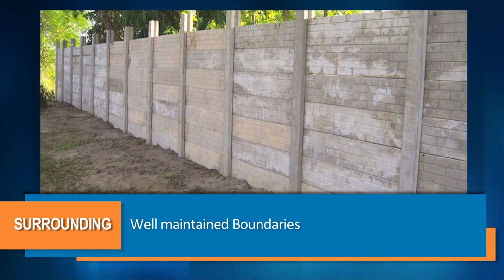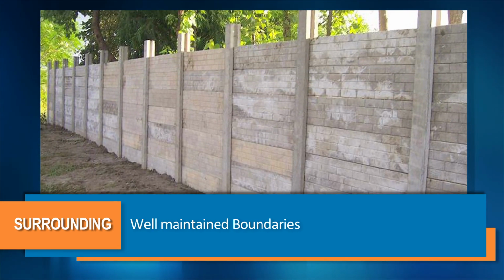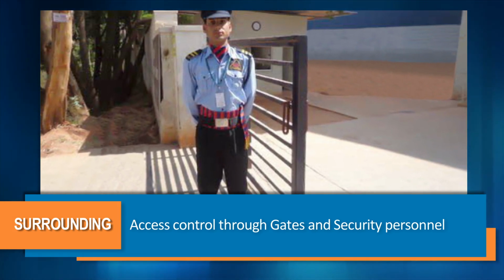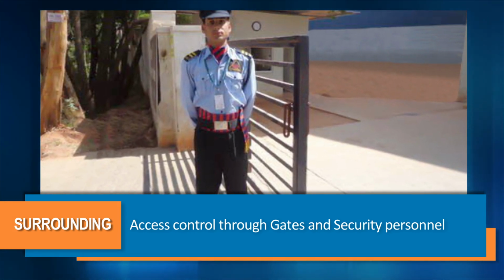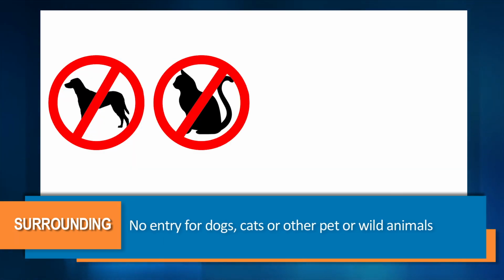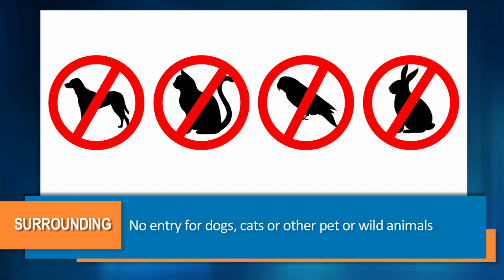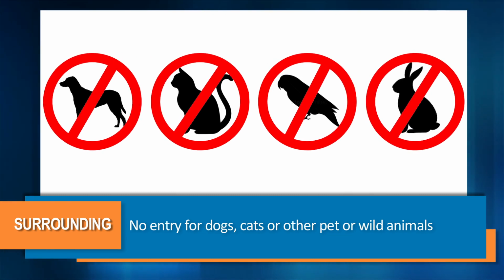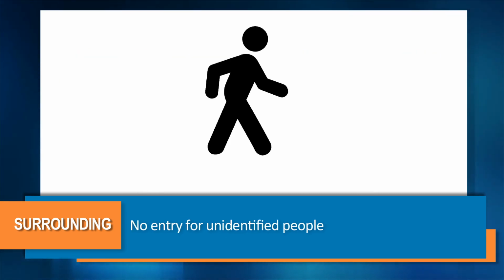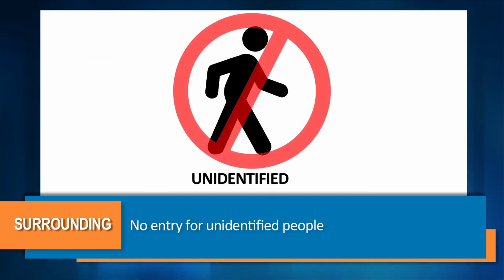The establishment shall have well-maintained boundaries, and the access to the building shall be controlled through gates and security personnel. Dogs, cats, or other pet or wild animals should not be allowed to enter the premises. Also, no unidentified person shall enter the premises.